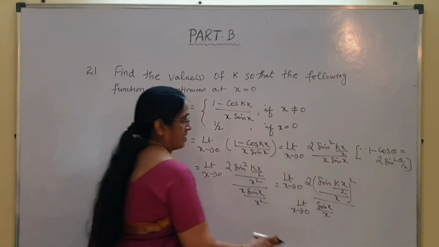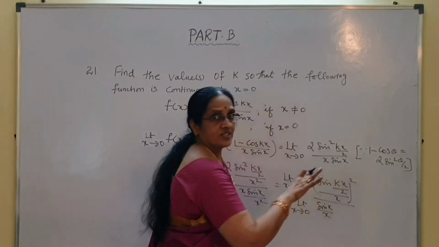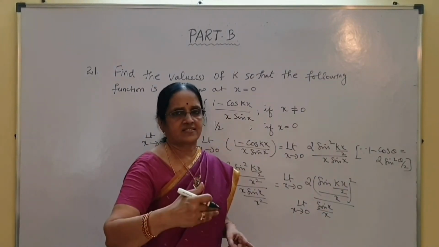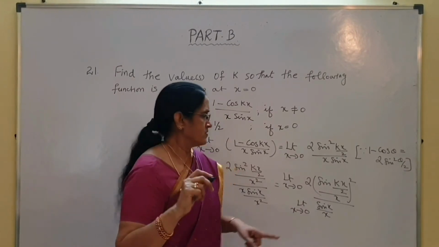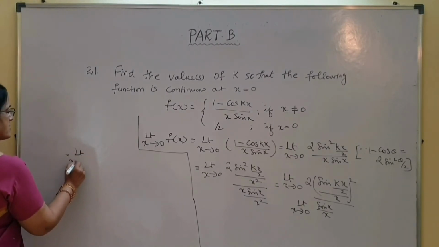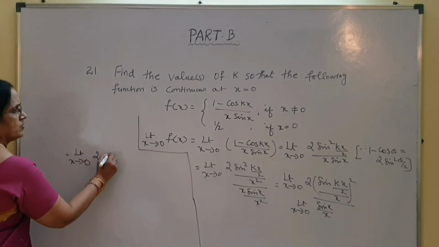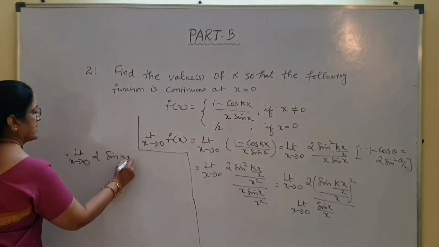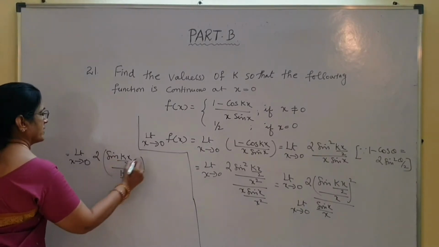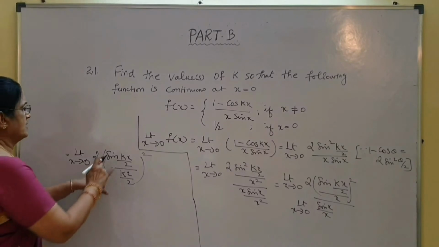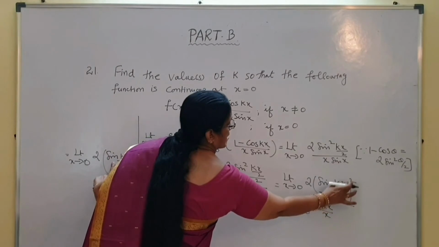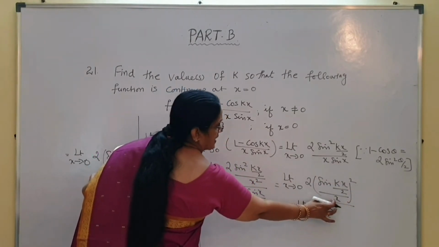Okay. Now I am going to make adjustment in the numerator alone, so that I will bring it to the form of limit x tends to 0, sin x by x, because that value is going to be 1. So that's what I am going to do. This implies, this is limit x tends to 0, 2 into sin kx by 2 by kx by 2 the whole square. When I do it, I am having here sin square kx by 2, but in the denominator I am having only x square alone.